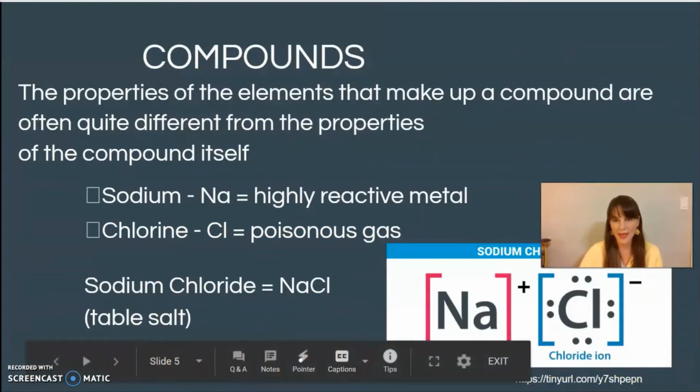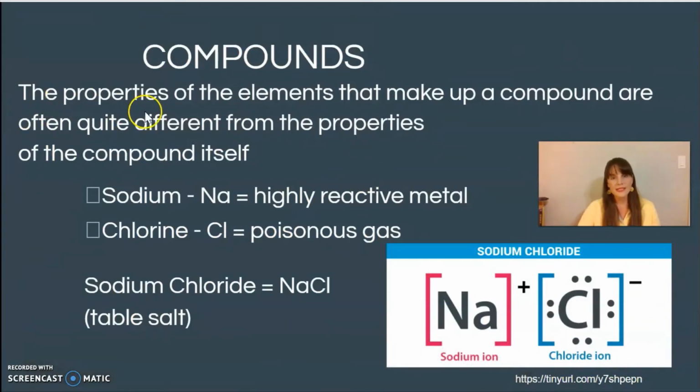When we think of compounds, the properties of the elements that make up a compound are quite different, as I said, from the properties of the compound itself. Think about table salt, the stuff that you put on your food during a meal. It's made of sodium. Sodium on the periodic table is in the alkali metals. It's highly reactive.